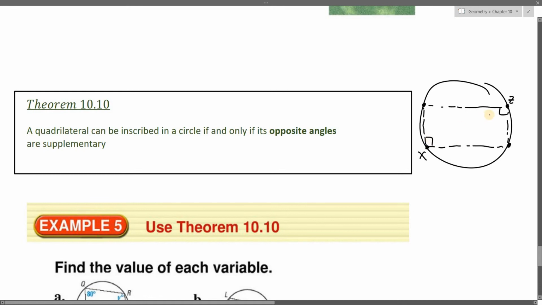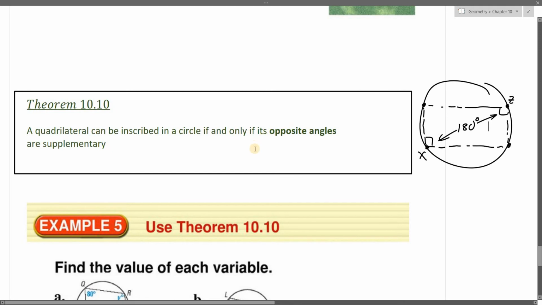And since this is 90, that's 90, 90 plus 90 is 180 across. Then yes, you can inscribe it in a circle. That's all they're saying. Also, that would be true going the other direction diagonally as well. So that's that theorem. All right, well, this sets us up for our new math in this particular unit, and you'll be surprised how easy this is.